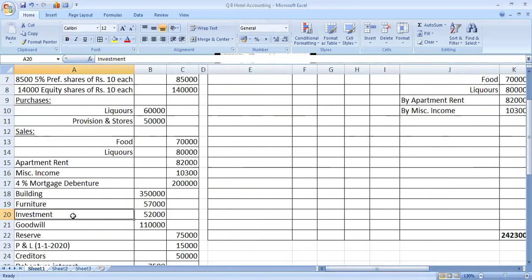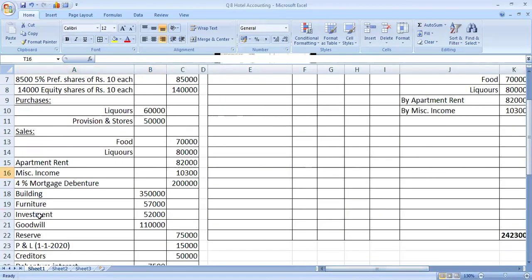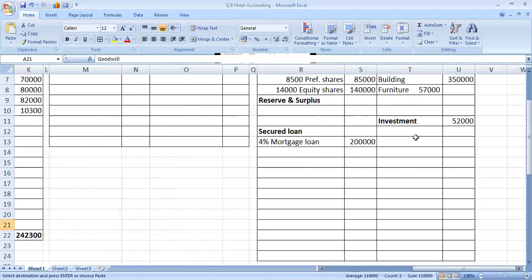Next, investment. Investment is also an asset under the same heading. Next, goodwill. Goodwill is an intangible fixed asset, hence goes under the heading of fixed assets.